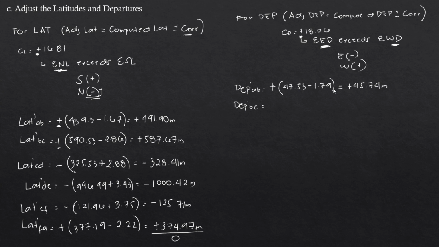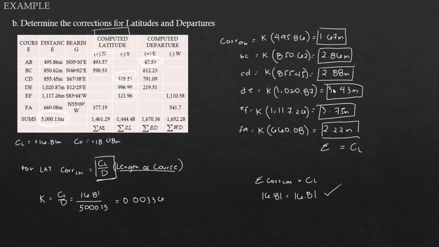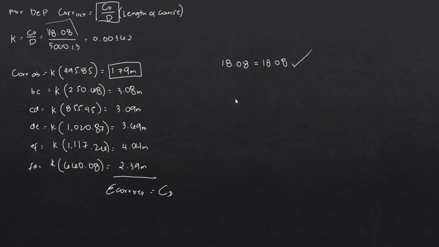Okay, then correction ng departure sa course BC. Okay, so ilan yung BC natin? BC, so east, positive, 612.23. Then correction niya is 3.08.